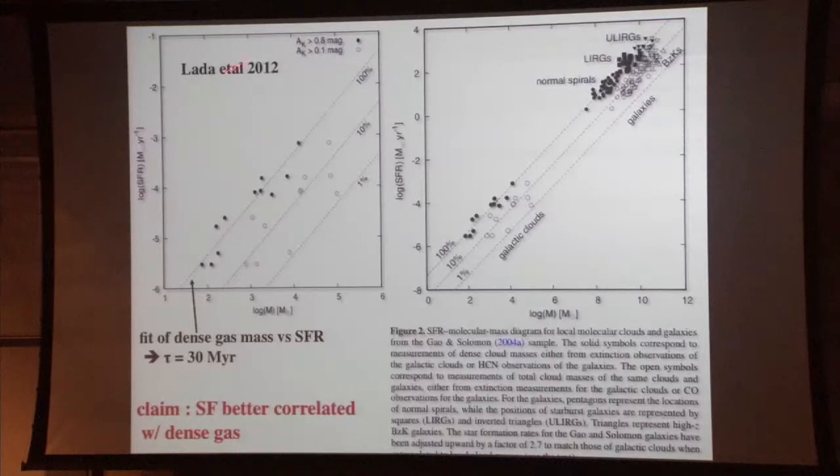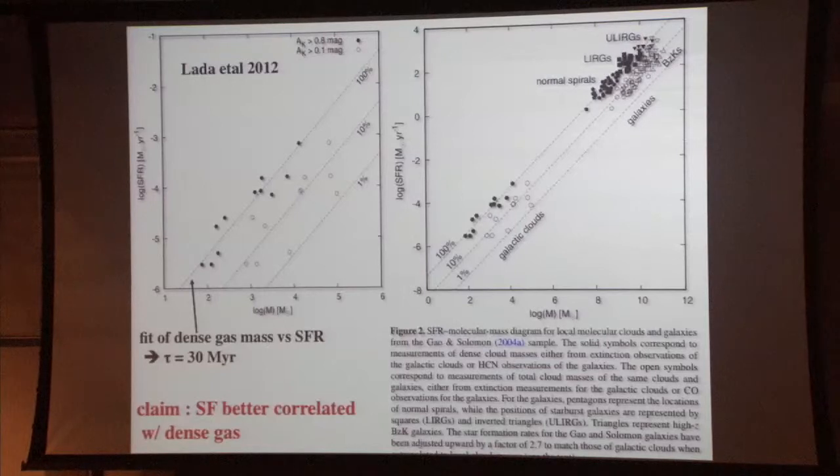So this is from the Lada 2012 paper. Plotted horizontally is the mass within, first of all, the open symbols are the mass within the low extinction boundary of the cloud. And then the solid symbols are the mass within the high extinction boundaries of the cloud, representing sort of high column density and by implication high volume density gas.